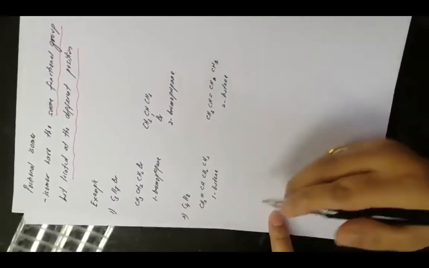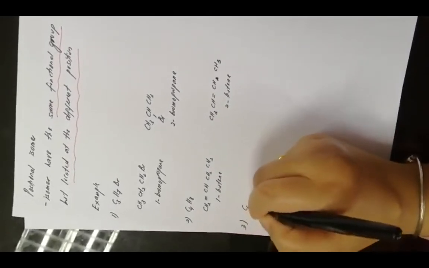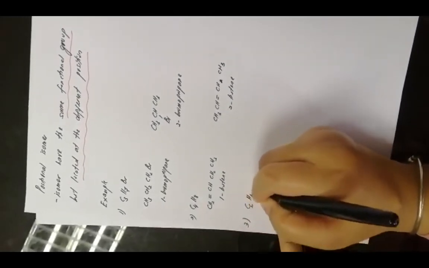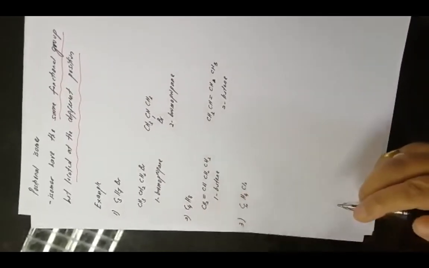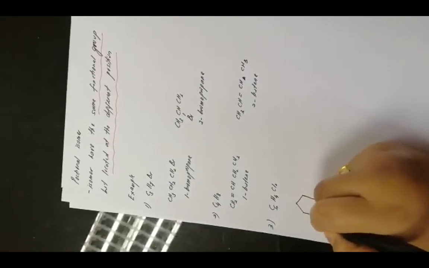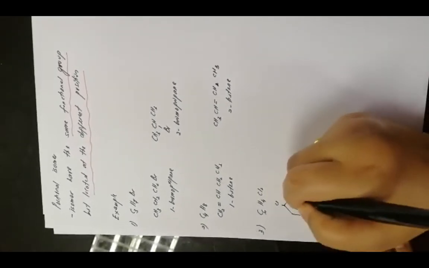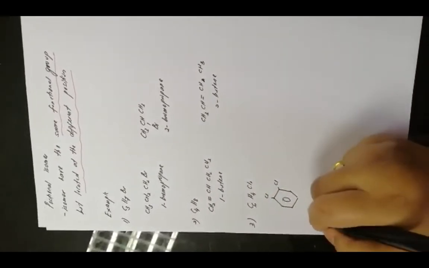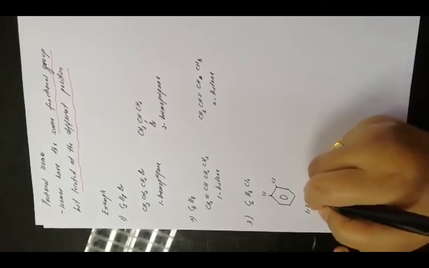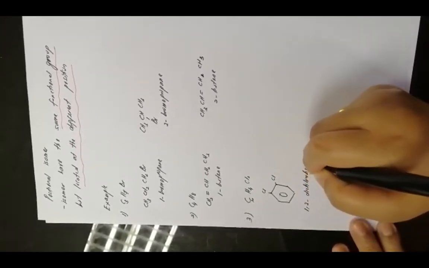Okay, and the last example, for cyclic, we have C7H4Cl2. So this contains a benzene ring. Now we can write the first structure for benzene. Chlorine we can put at the first and second carbon. So the name of the compound is 1,2-dichlorobenzene.